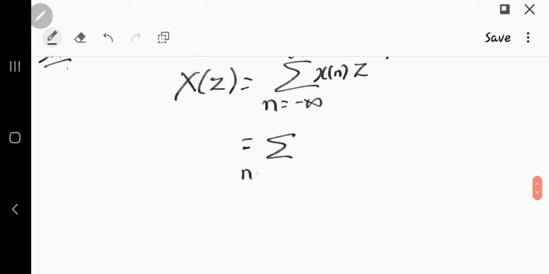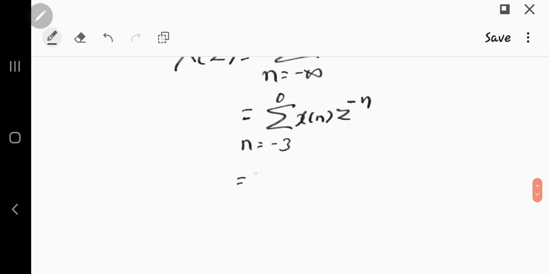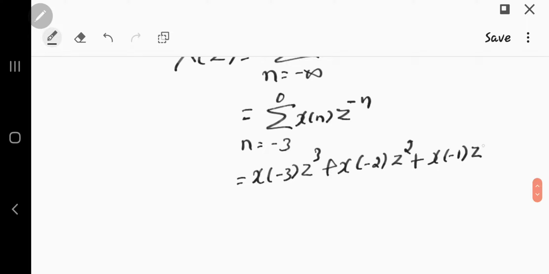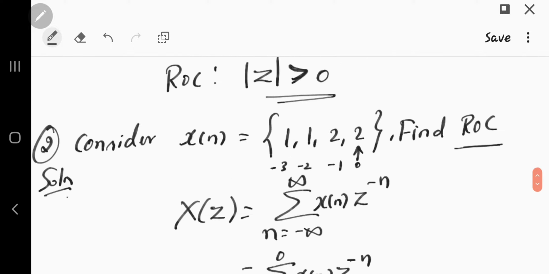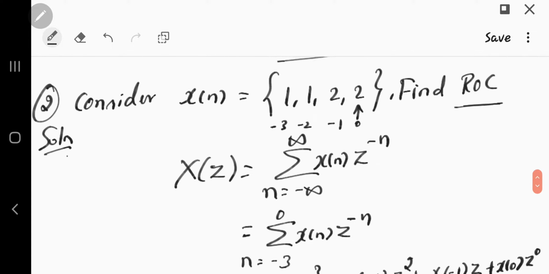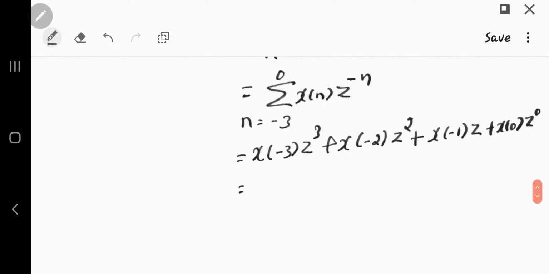So from -3 to 0, x of n z to the power of minus n. Apply the values: x of -3 z to the power of 3, plus x of -2 z to the power of 2, plus x of -1 z, plus x of 0 z to the power of 0. Now x of -3 value is 1, x of -2 is 1, x of -1 is 2, and x of 0 is 2.